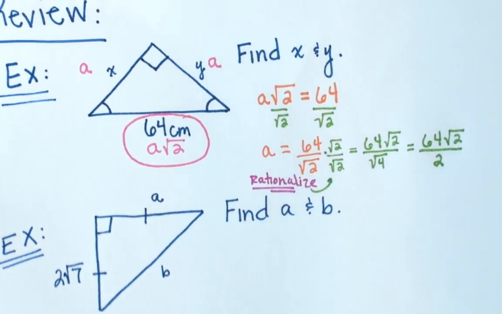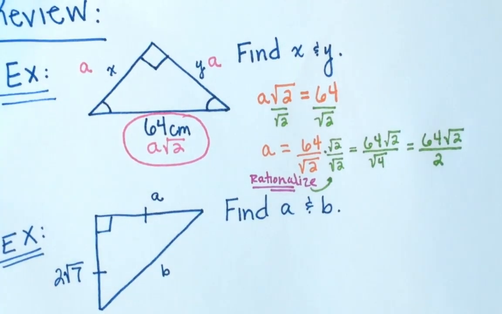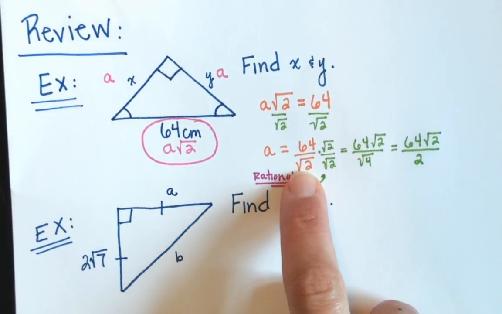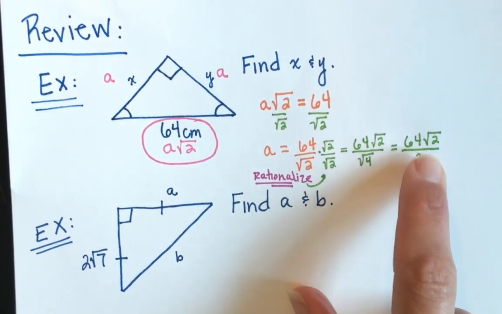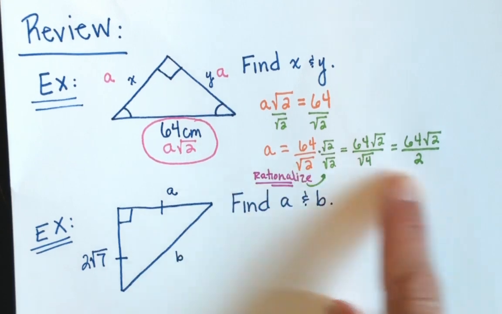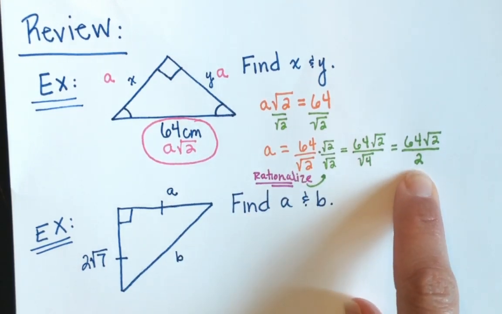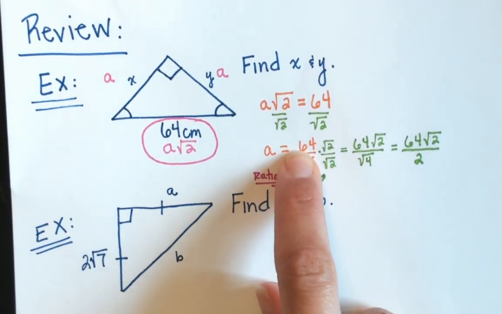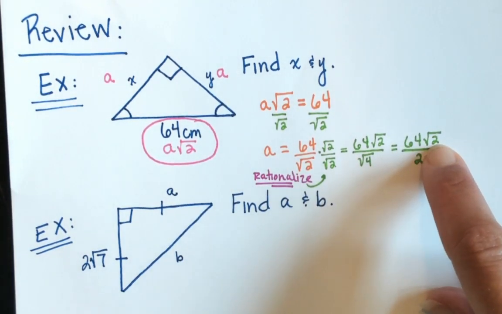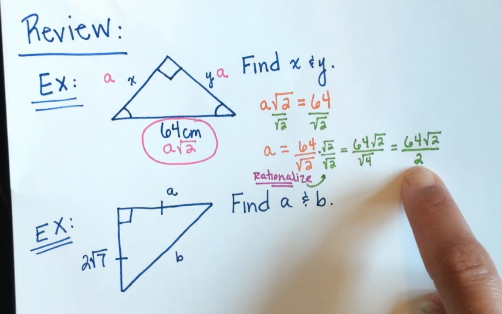So if you're looking to cut back on the amount of time you're spending, just remember, yank the radical to the top, just the number, the radicand, that number inside, on the bottom. It happens every time, no matter what that numerator is. It would be numerator, the original denominator, over just what's inside.